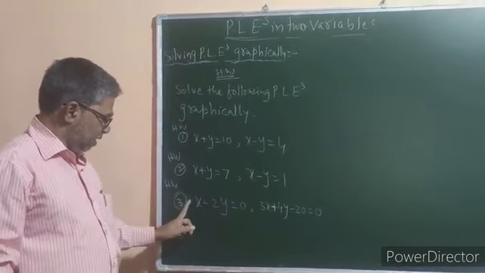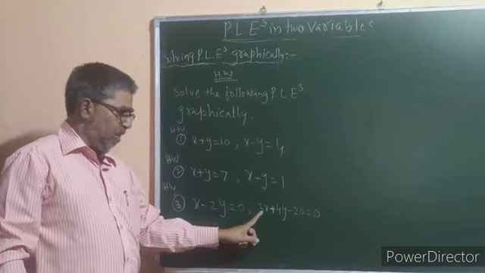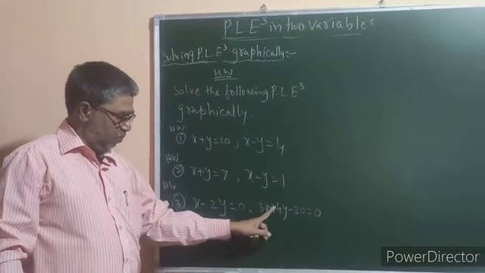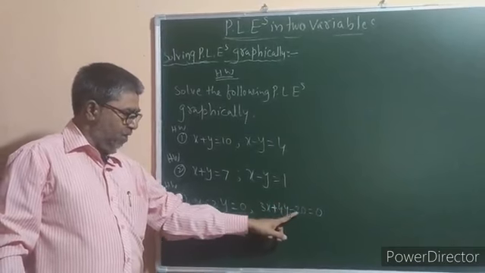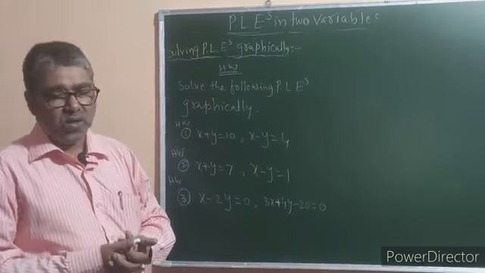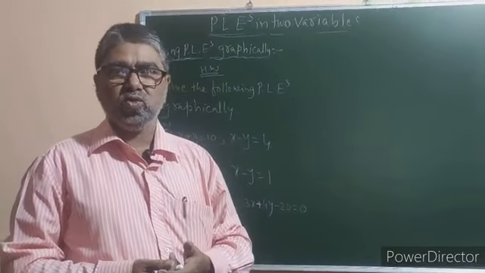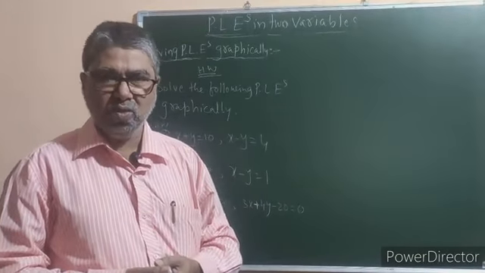And example 3: the first equation is x minus 2y is equal to 0, and the second equation is 3x plus 4y minus 20 is equal to 0. So these 3 examples I have given you as homework, and I hope you solve them. Thank you very much.